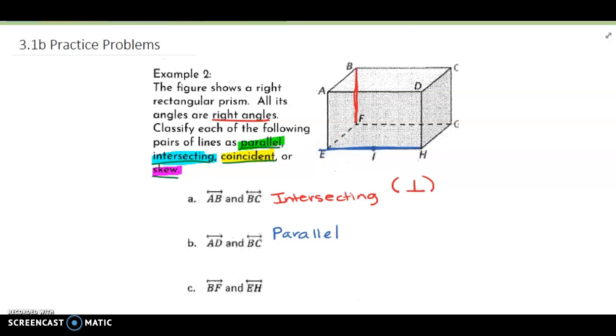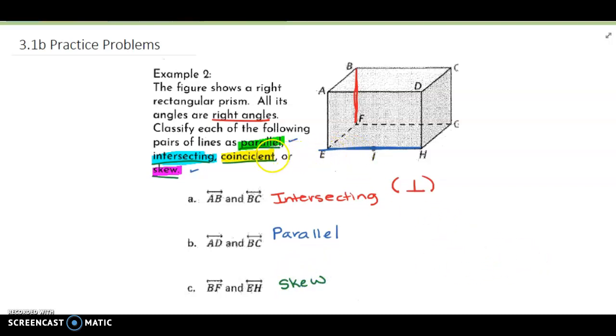Now if I look at these, they do not intersect, so I'm left with either parallel or skew. The difference between them is, are these 2 lines coplanar? Well, we can clearly see that there's no plane that we can draw that both of these lines would be on. So no, they are not coplanar. And since they're not coplanar, that would mean these have to be skew lines.